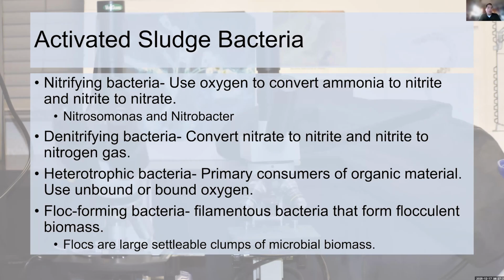We have our heterotrophic bacteria, which are our BOD consumers that use oxygen. And then we have our floc-forming bacteria, which will be those filamentous bacteria, which is important to some of the stuff we've talked about, because if we don't control our floc-forming bacteria, it can result in things like bulking and foaming.